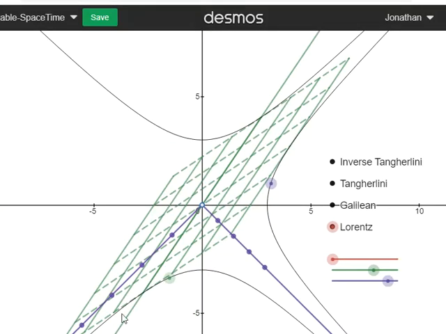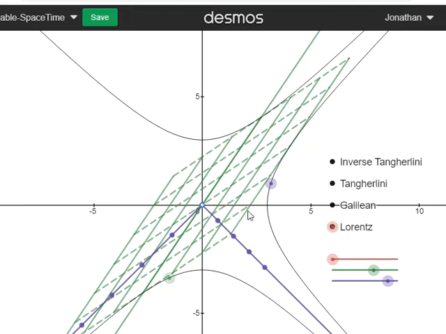All right, let's think about how we would do Lorentz contraction with the Lorentz transformations. What we're going to do is start with two events. Let's use the one at 0 and delta x.